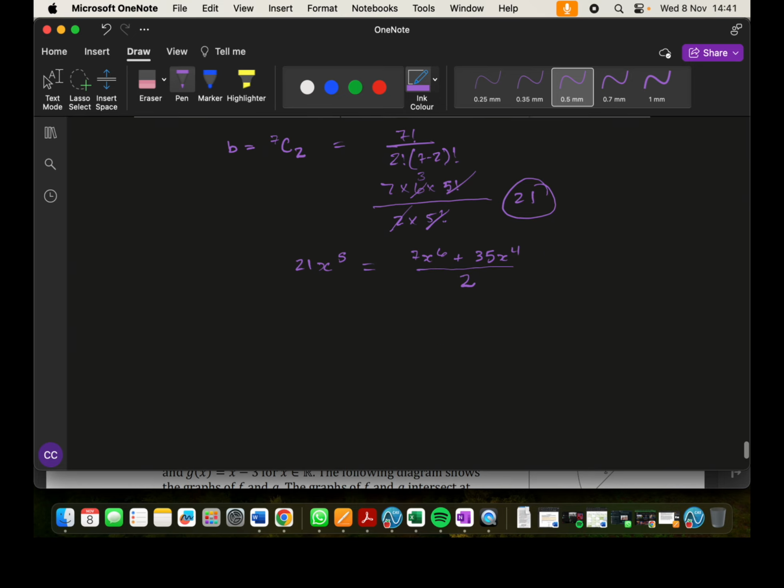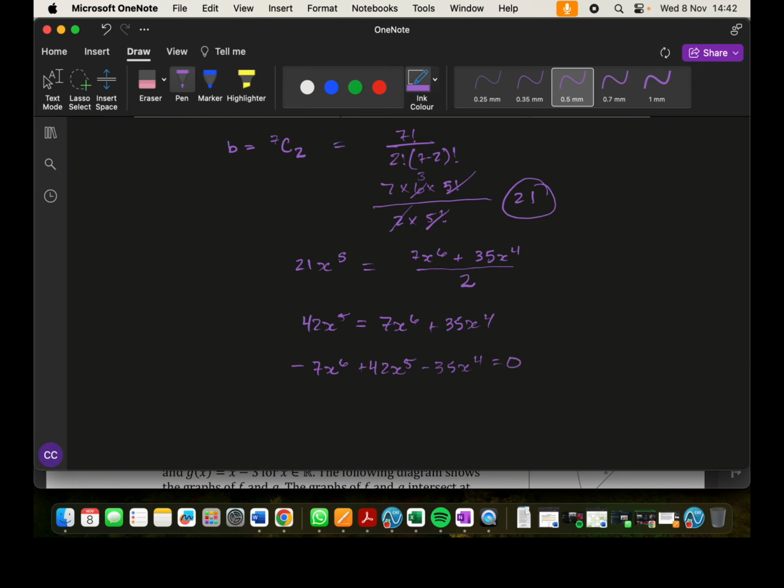Right. So that tells me that 42x^5 is the same as 7x^6 plus 35x^4. Bringing everything to one side, I would end up with negative 7x^6 plus 42x^5 minus 35x^4 is 0.